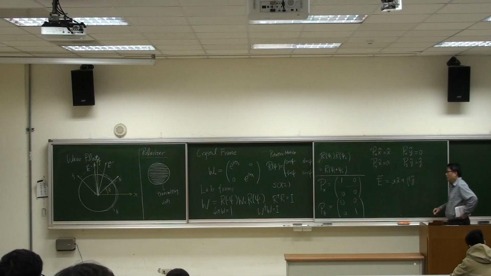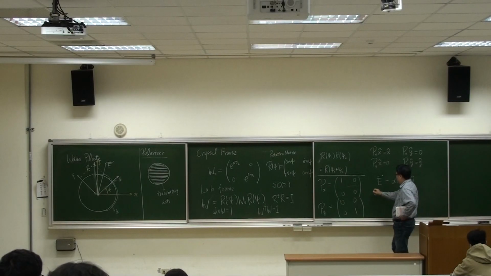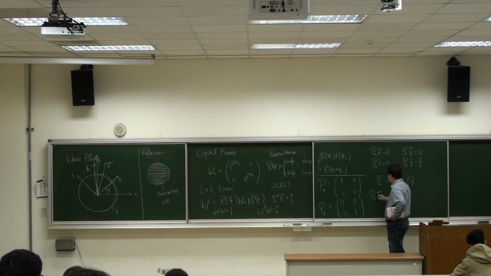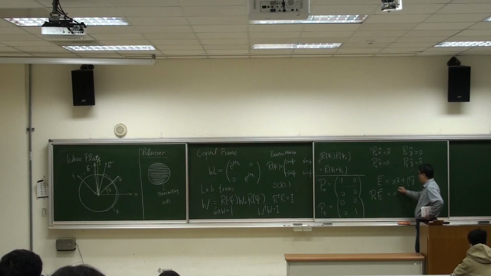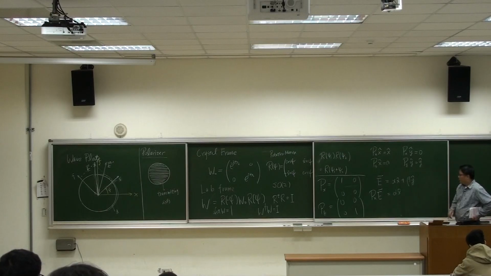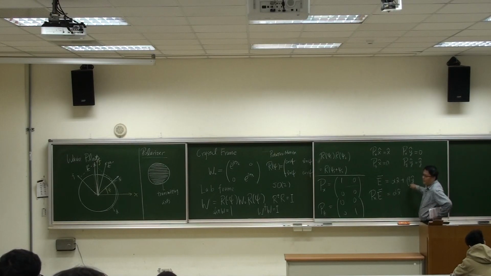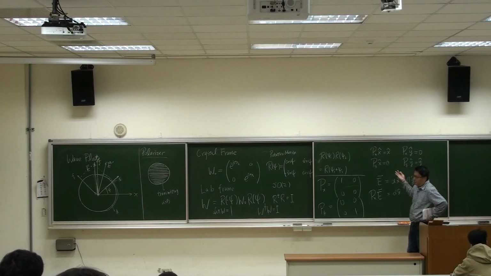Then if you multiply Px to this E vector, you get only the alpha x part, because the y component has been absorbed by this polarizer.